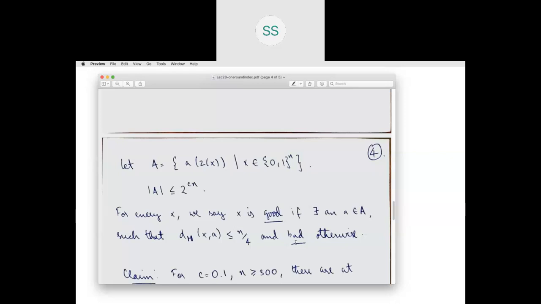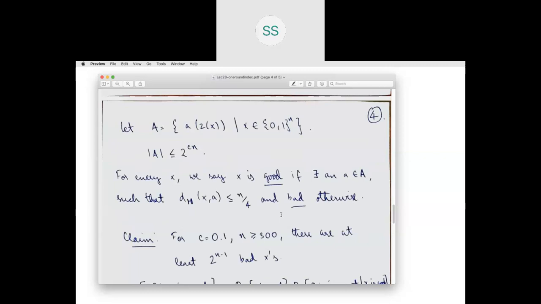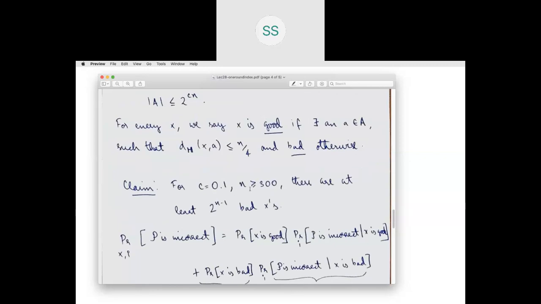None of them are close. So the claim here is that for c equal to 0.1 and n sufficiently large, more than half the x's are going to be bad. So at least 2 power n minus 1 x's are going to be bad, which means that there are 2 power n x's possible and more than half of them are not close to any answer vector.